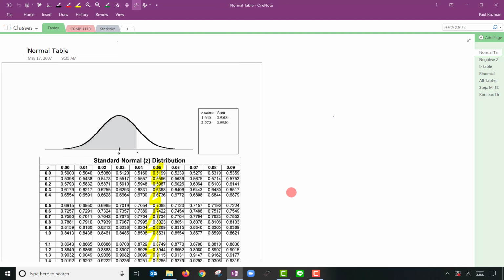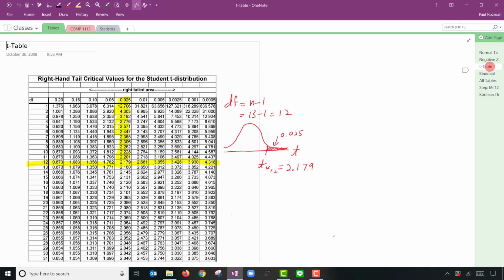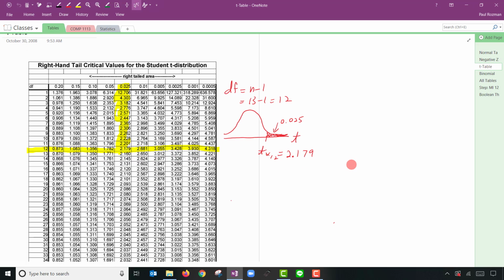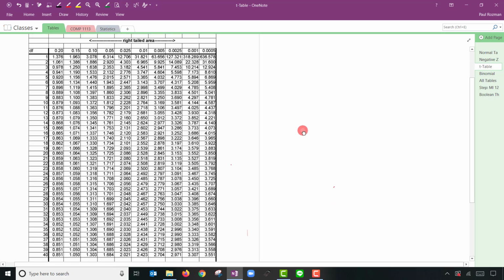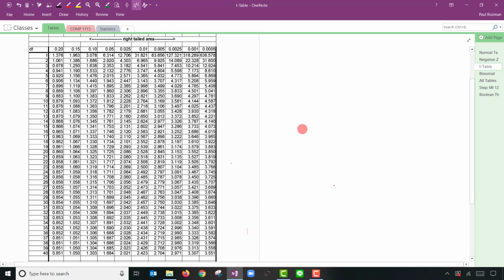This is my z table, and here's my t. I'll erase all this previous stuff that we had going on from some previous lecture. And now we know that we're lucky, this problem is to the right. So our t-table is to the right, remember?